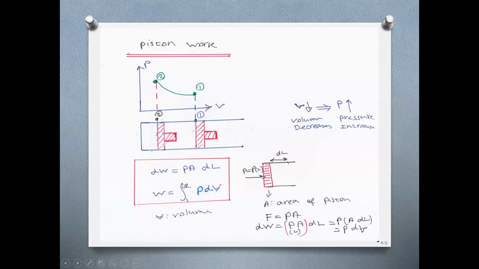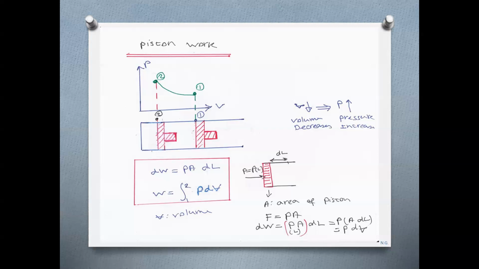It's a continuous summation. You take that from 1 to 2, so it's the integral of PA dl. You can pack these two together and rearrange this. A dl, the area of the piston times dl, is dV, the differential volume. So it's the integral of P dV from 1 to 2. A is the area of the piston, force is PA, and that's that.